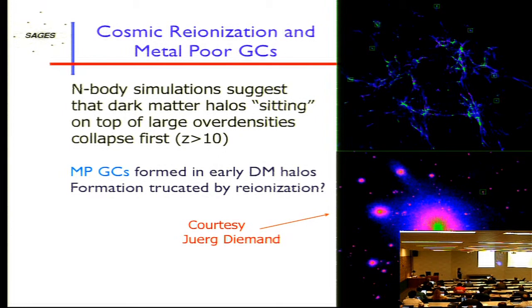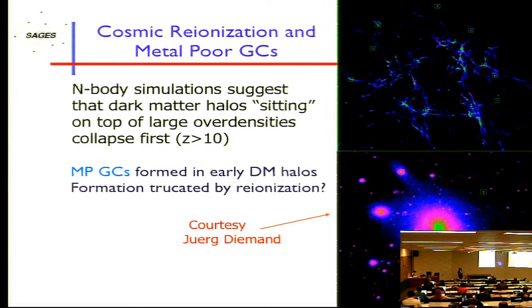We're all familiar with the idea, this happens to be from a simulation by Jörg Diemand, but the idea is that the dark matter halos sitting on top of the largest overdensities are the ones that collapse first. And those are the ones that wind up concentrated towards the center of the massive galaxies today. So for a variety of reasons, we think metal-poor globular clusters trace those early dark matter halos. So they were formed within those early dark matter halos.